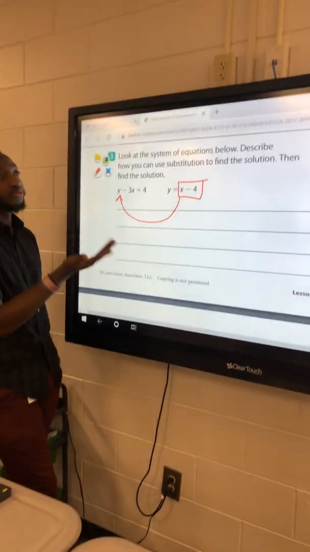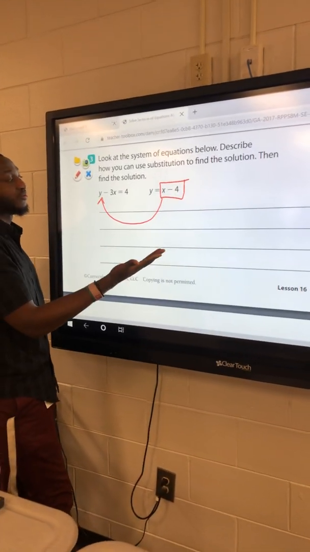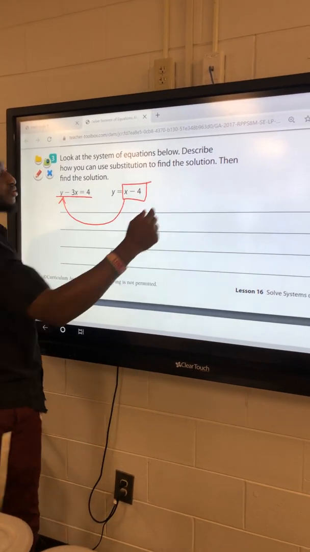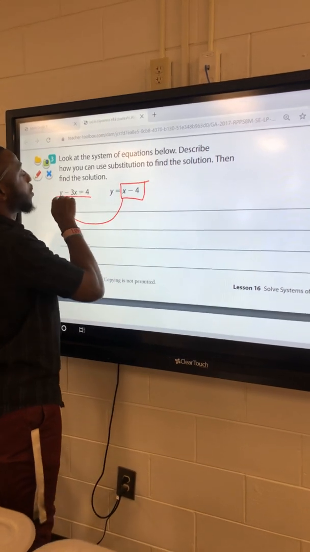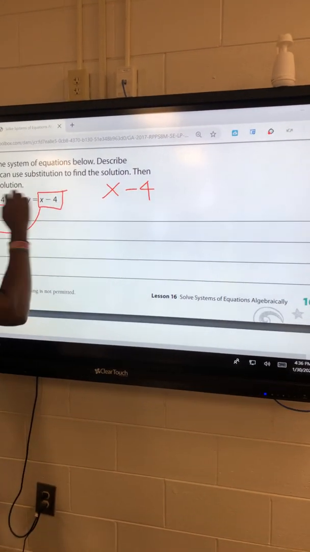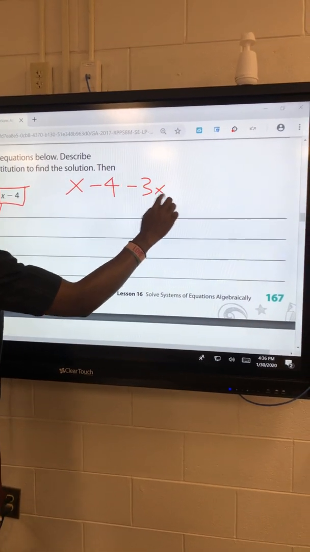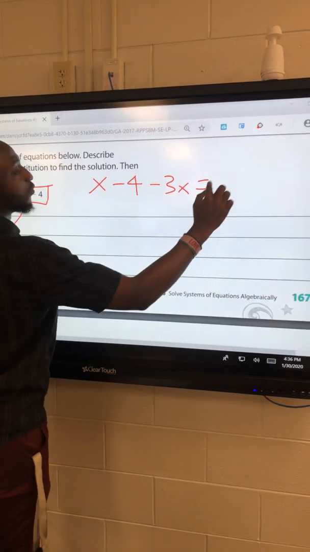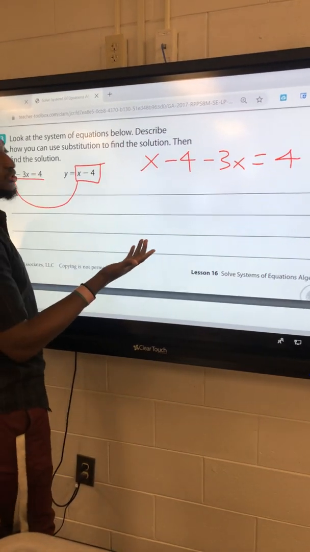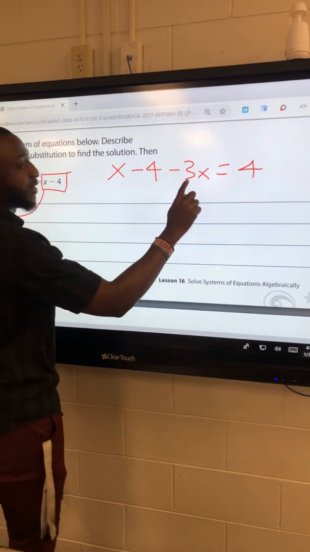Okay? The third thing we do is we rewrite the equation. I'm going to rewrite this equation with x minus 4, and then I'm going to solve for x. So instead of writing y now, I'm writing x minus 4 minus 3x equals 4. Okay? So I'm going to combine like terms because I see the x and the minus 3x.